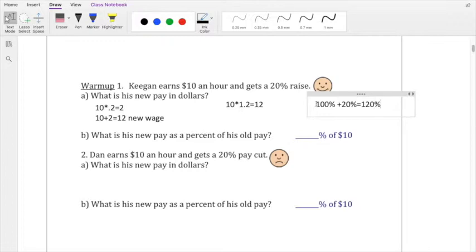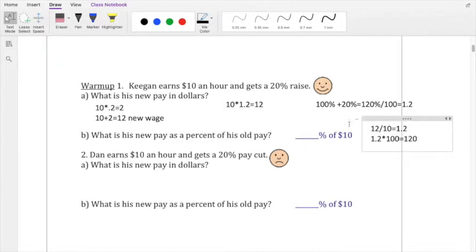And when I make a percent into a decimal, I divide it by 100, which would equal 1.2. So what is his new pay? What is his new pay as a percent of his old pay? His new pay as a percent of his old pay would be 12 divided by 10, so his new pay divided by his old pay, and then I times that by 100. Oops, forgot to press equals. So we know it's 120%. We kind of did it up top.